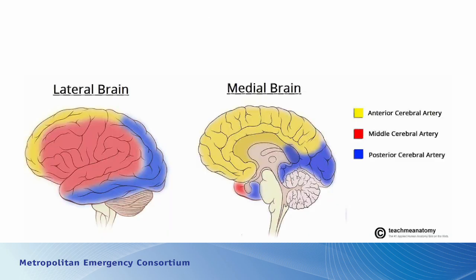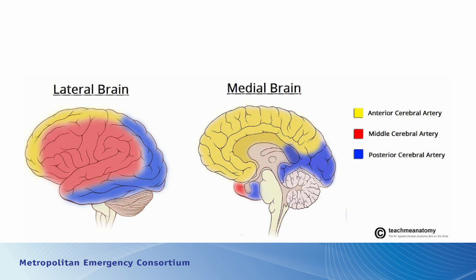If you talk about the actual supply of the areas, looking at the brain from the side versus the inside view, the anterior cerebral artery perfuses the yellow part, the middle cerebral artery is the pink or red part, and the posterior cerebral artery is the posterior part of the brain.